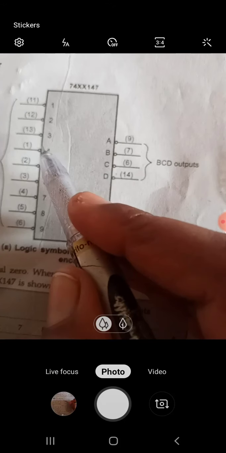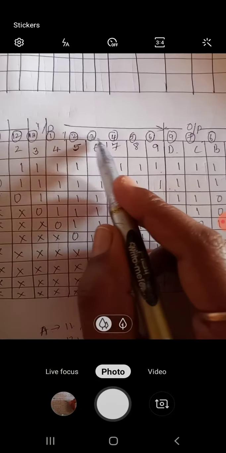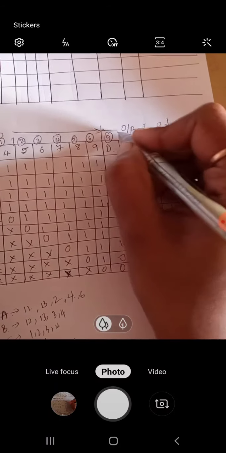Similarly, for 4, 5, 6 up till 9, you have 1 to 6. Similarly for A, B, C, D the pins are 9, 7, 6, 14. So here it is 9, 7, 6, 14.